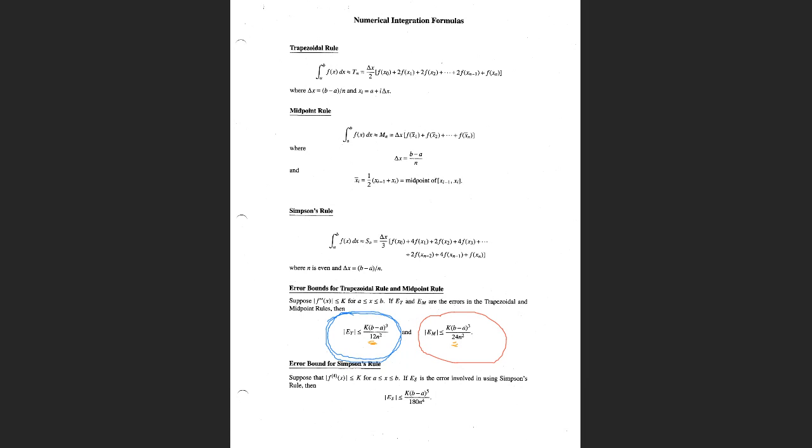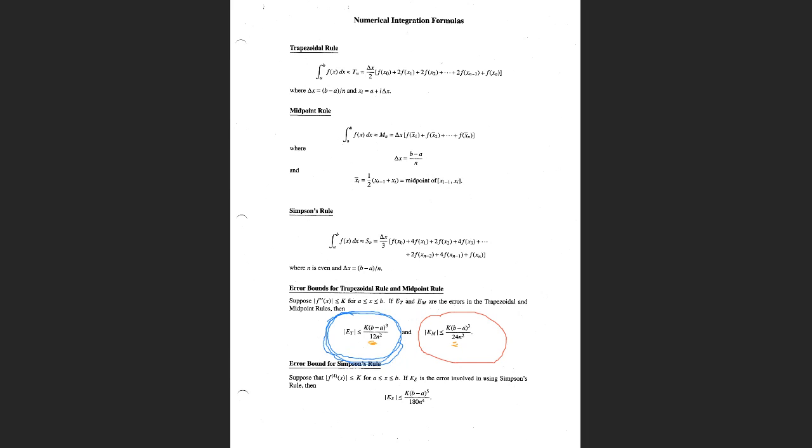The fact that the 24 is bigger than the 12 tells you that the midpoint rule in general can guarantee more accuracy. It doesn't mean it necessarily is more accurate, but given that we don't know the error, it can guarantee at least a certain level of accuracy. But this is the formula we want to use here.